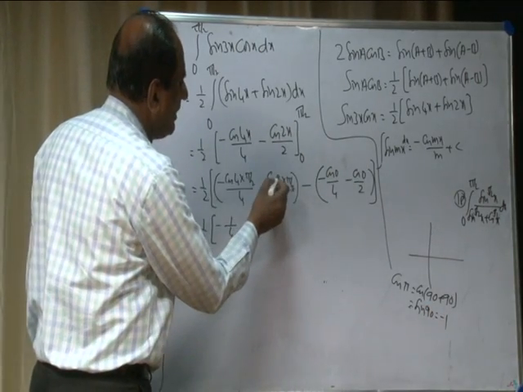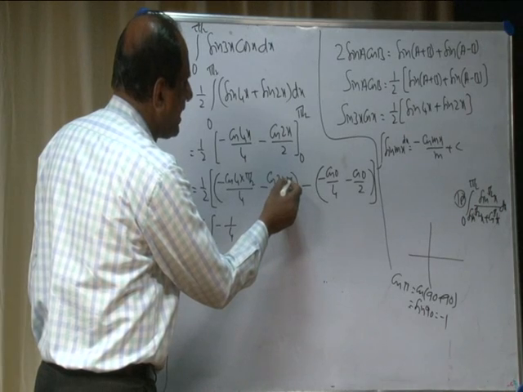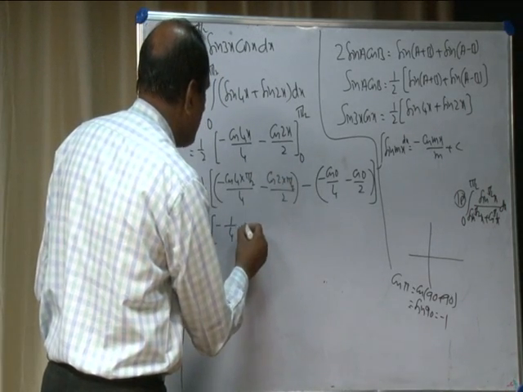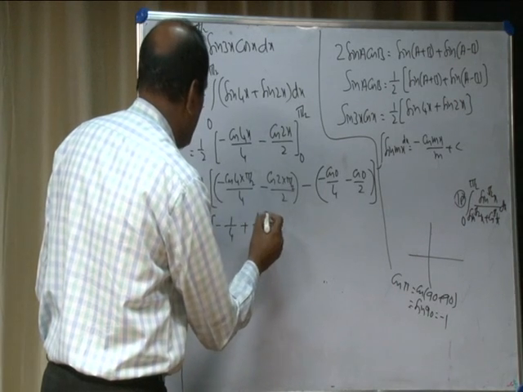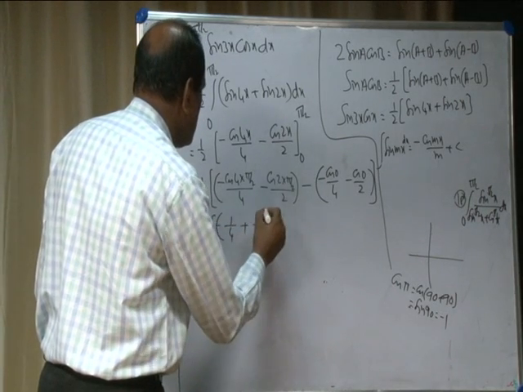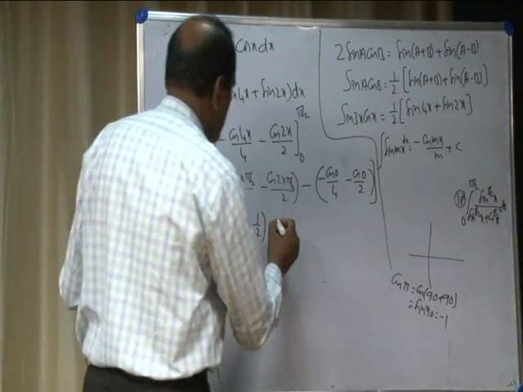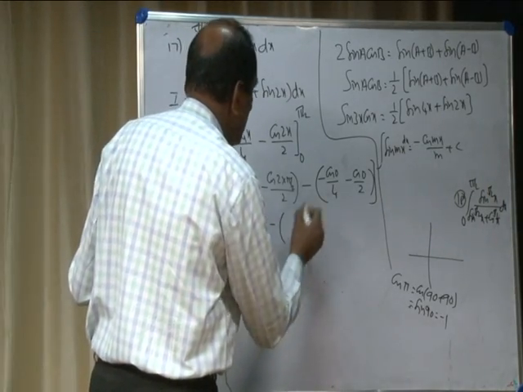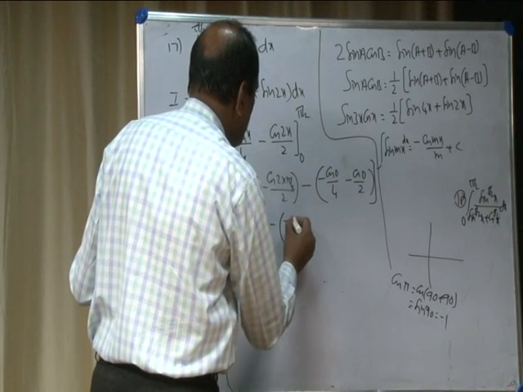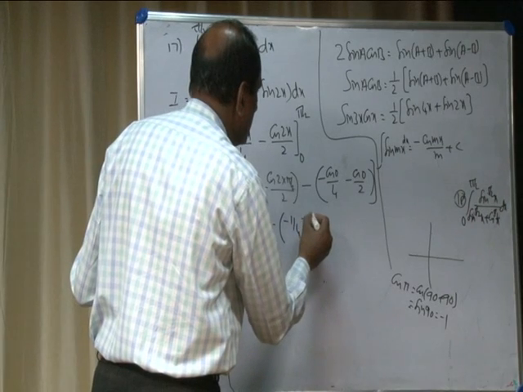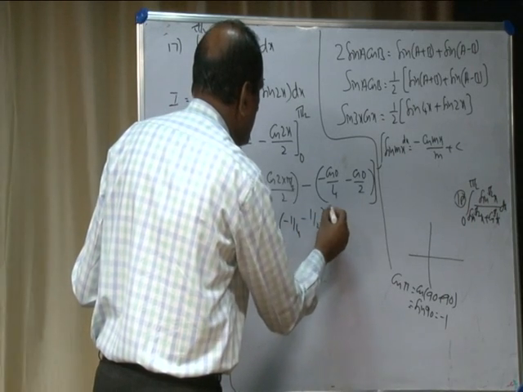So cos pi is minus 1, minus of minus is plus 1 by 2. This is the first small bracket inside the big bracket, minus 1 by 4, cos 0 is 1, that is minus 1 by 2, close the big bracket.